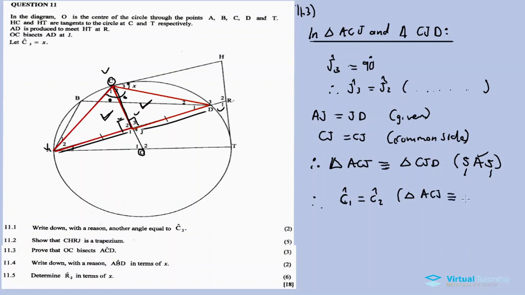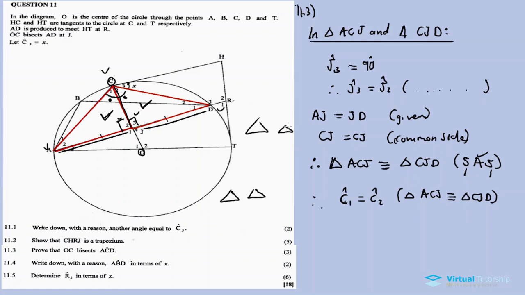Someone is wondering, now, what's the difference between similarity and congruence? Congruence, because with these triangles they are the same in every way. All the angles inside the triangle are equal. All the sides are equal as well.